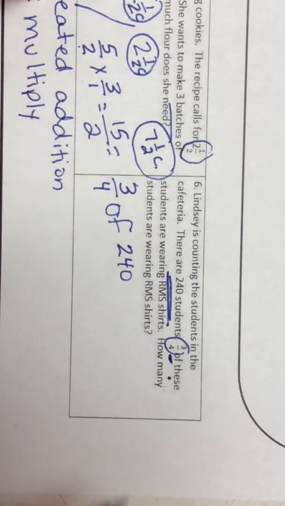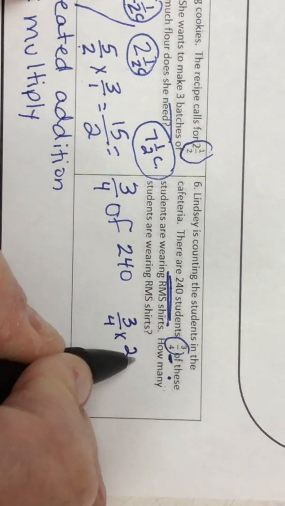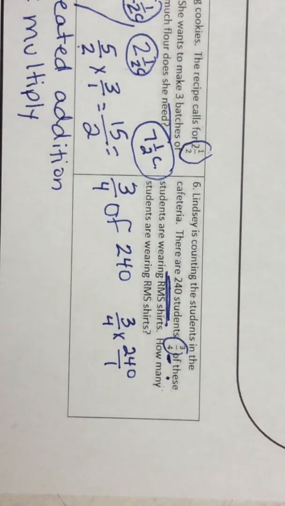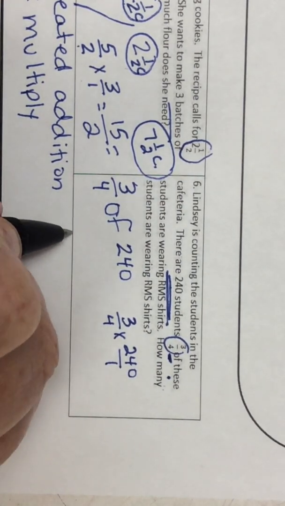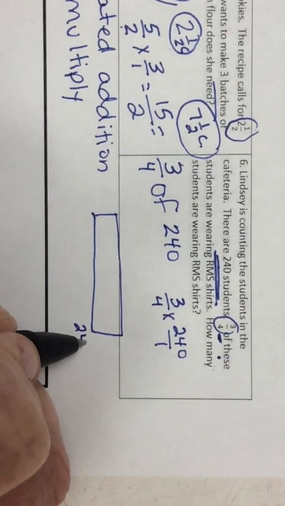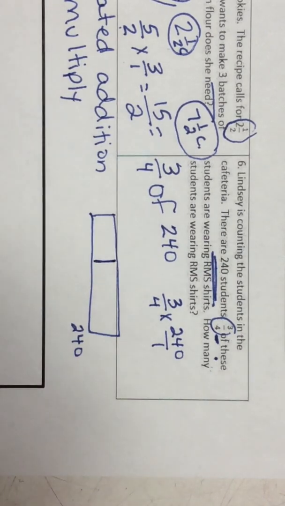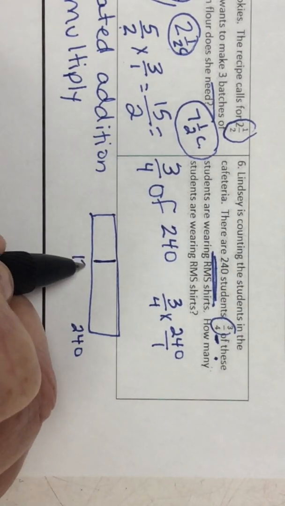Now, there are a couple of ways to do this. You could say 3/4 times 240 over 1. Or I could say, well, what is 1/4 of 240? Okay, do my picture here again. 240. Sorry, y'all. So what's half of 240? 120.